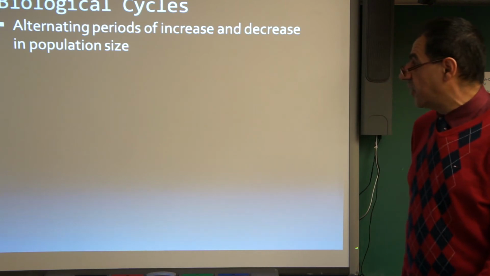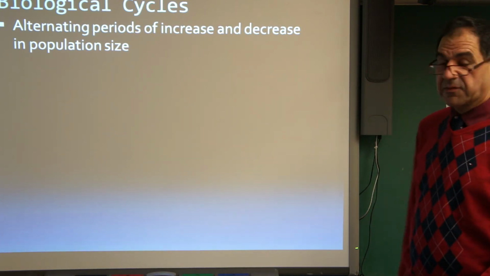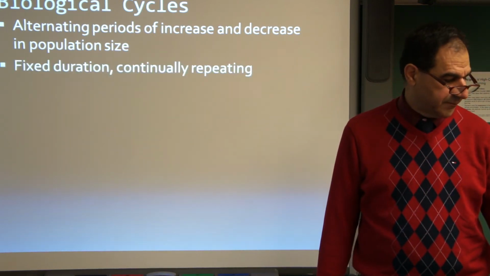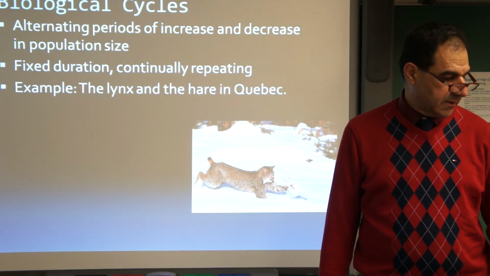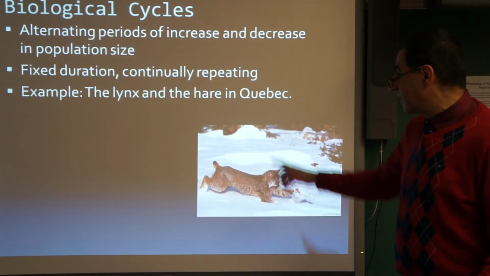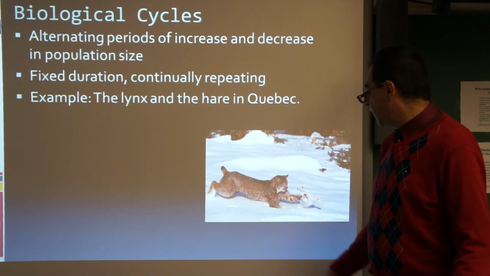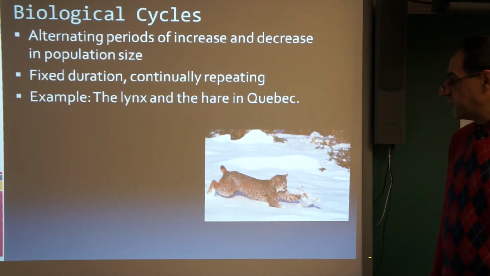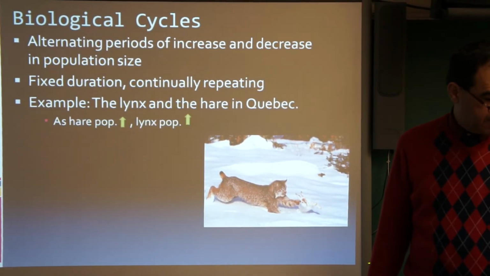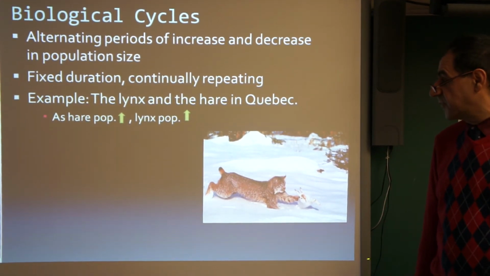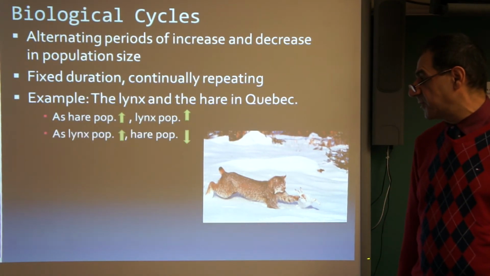Biological cycles are alternating periods of the increase and decrease in population size. It's a fixed duration, and it continually repeats. For example, if we take this relationship between the lynx and the hare in Quebec, as the hare population increases, so does the lynx population.